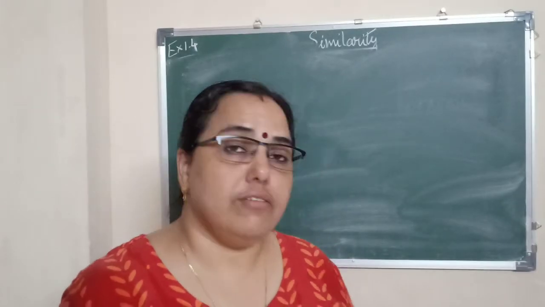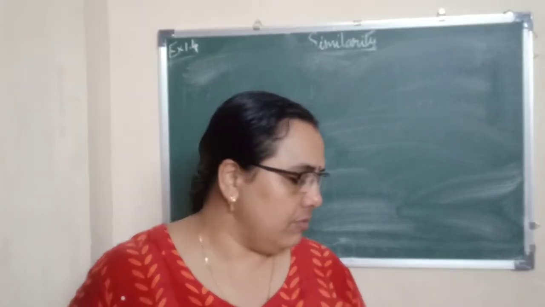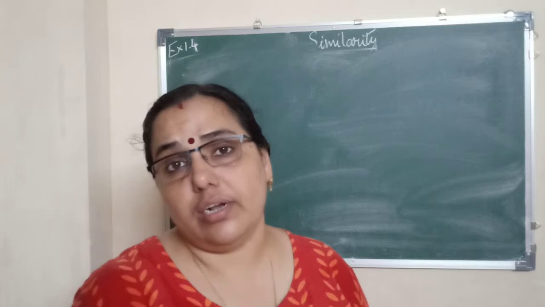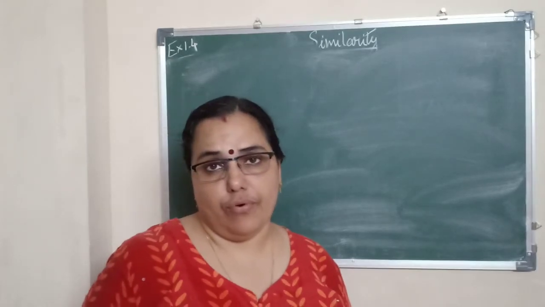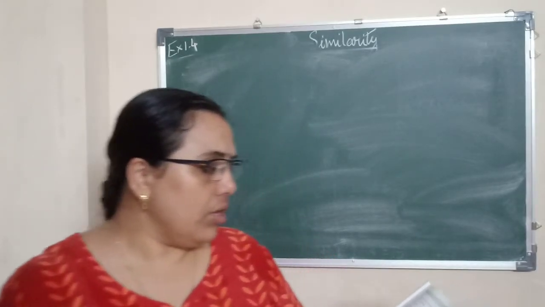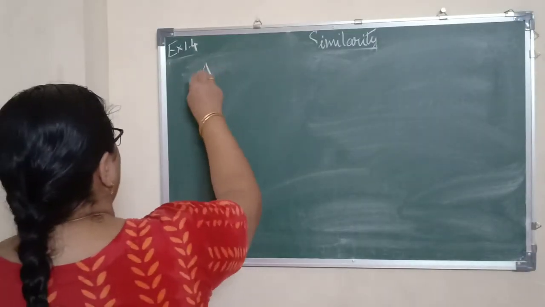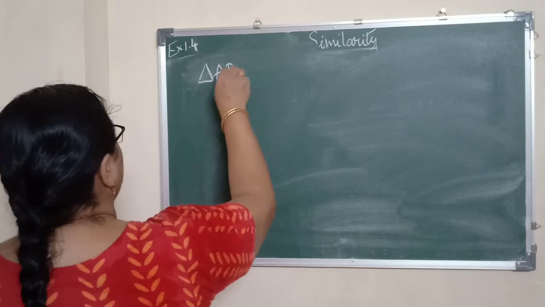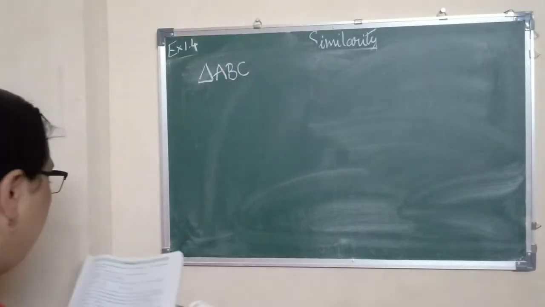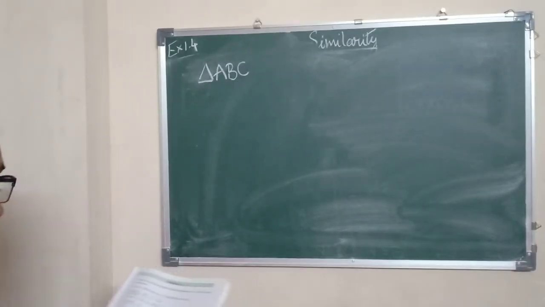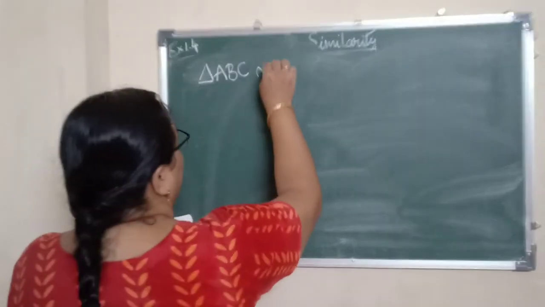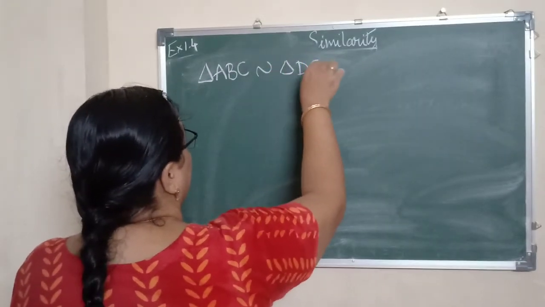So what do we say? Since the two triangles are equilateral triangles, triangle ABC is similar to triangle DEF. Why are the two triangles similar? Yes, you have to mention the reason. Since triangles ABC and DEF are equilateral triangles, the triangles are similar.